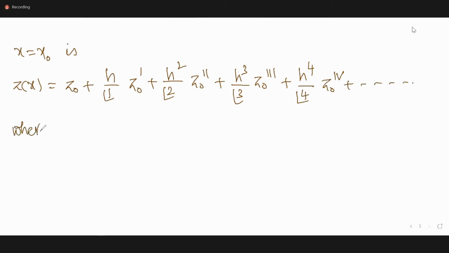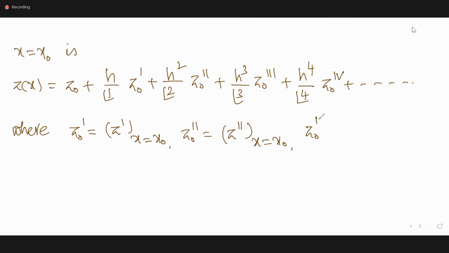Where z naught dash is equal to z dash at the point x is equal to x naught. z naught double dash is equal to z double dash at x is equal to x naught. z naught triple dash is equal to z triple dash at x is equal to x naught.